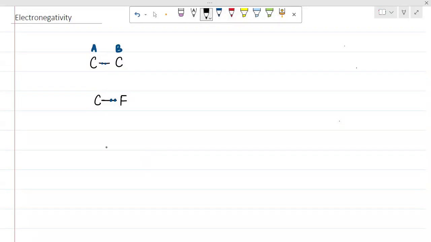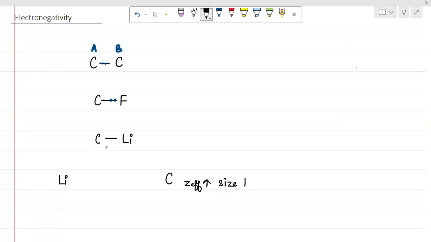One more example. Let's say that you have carbon and lithium. If you imagine the periodic table, lithium comes over here in the first group, and then you have to move towards the right, and only then you see carbon. As we go from left to right, we know that the Z effective increases. If the Z effective increases, what happens to the size?